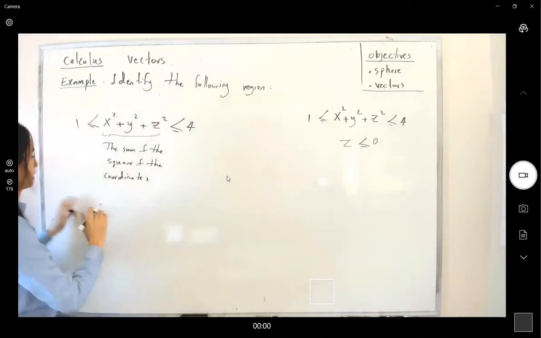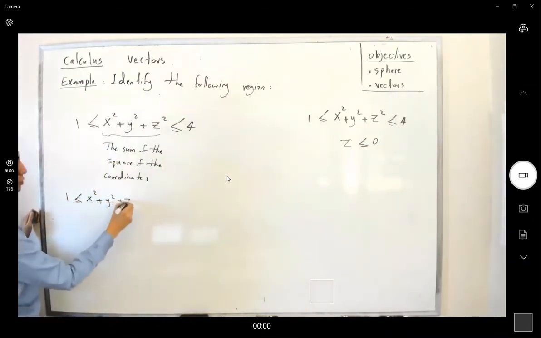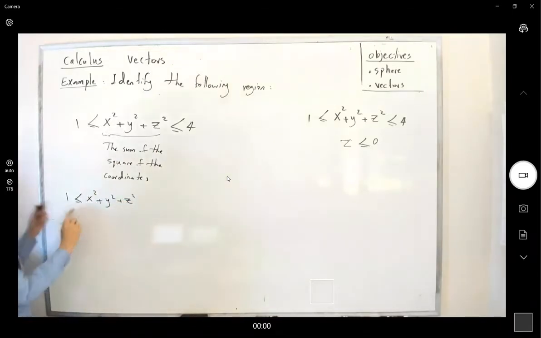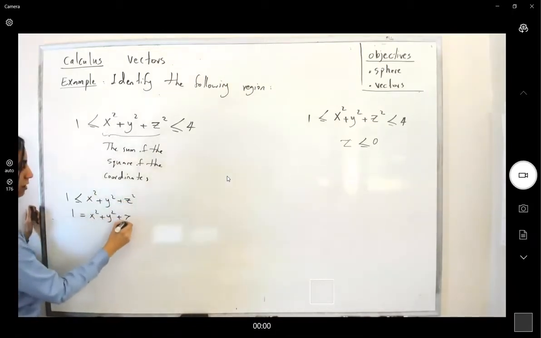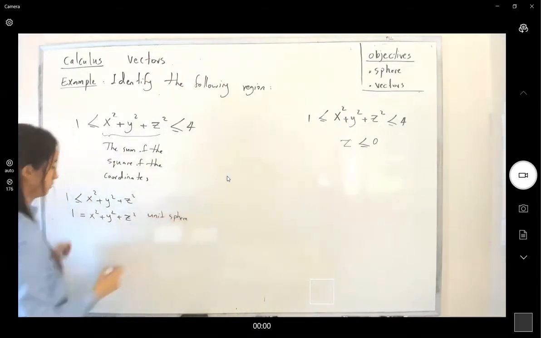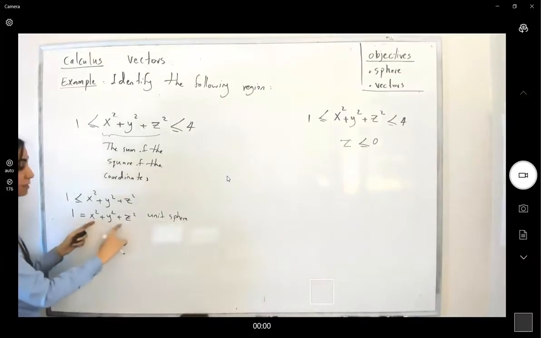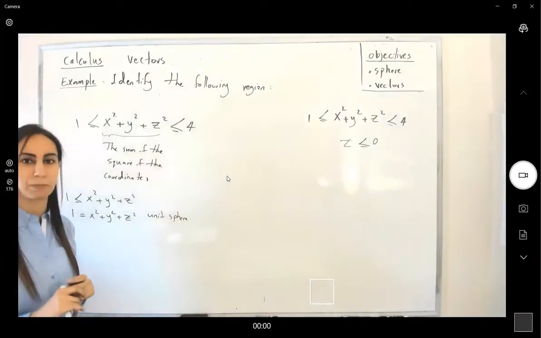Well, let's look at each of these separately. Here you have 1 less than or equal to x squared plus y squared plus z squared. If you forget about the inequality, here you get a unit sphere. Unit sphere means that the radius is 1 and it is centered at the origin.